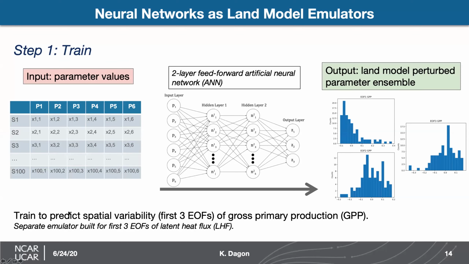And I should say, as an aside, a separate emulator was built to predict the first 3 EOFs of latent heat flux, which is the evaporative flux. So different emulators were used to predict variability in GPP versus latent heat flux.